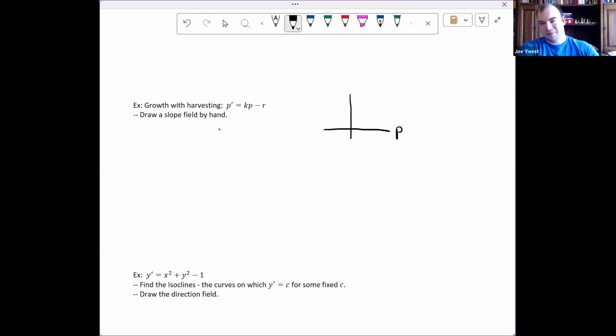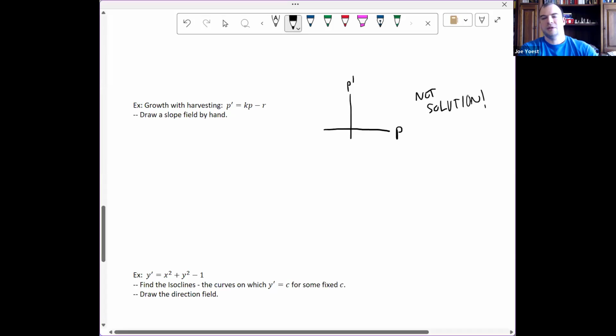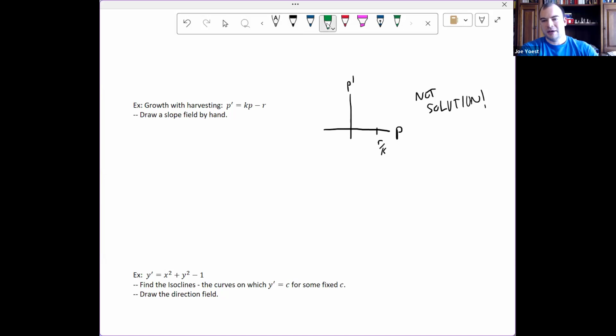So again, I'm going to look at P prime as a function of P, not a solution here. We're just drawing a little diagram to help us figure out when things are going to be increasing or decreasing in what regimes. This is autonomous. The P prime only depends on P, not explicitly on t. I see that when P is R over K, that's when I have an equilibrium solution. P prime equals 0.